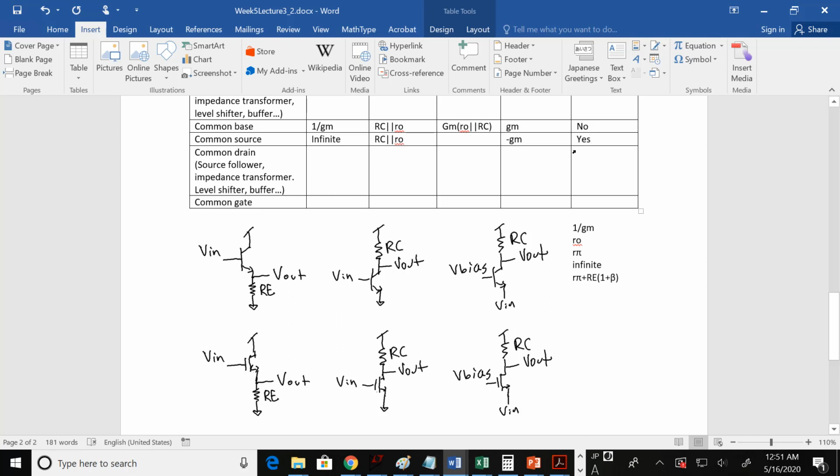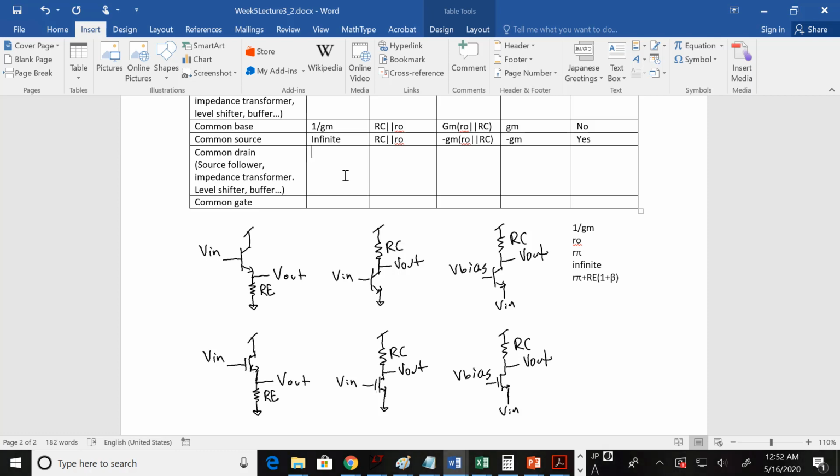Its paired friend in the BJT world is the common emitter, drawn right above it. And then your gain is your big GM times your R out. You should be noticing that everything except inputs into the gate look exactly like their counterpart in the BJT world.